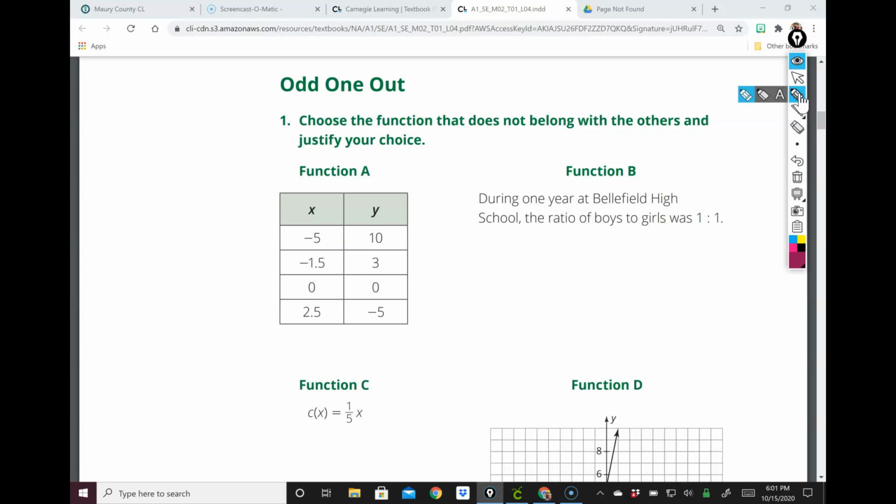For function A, I can see that I have a y-intercept at the origin, and it's proportional.